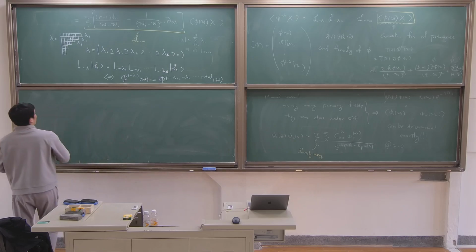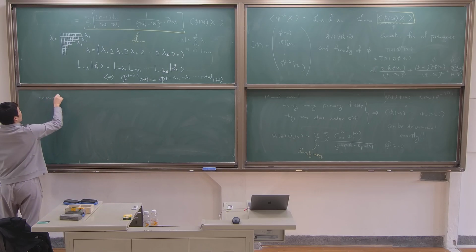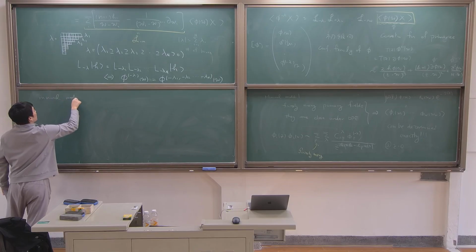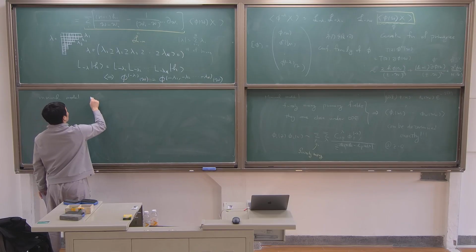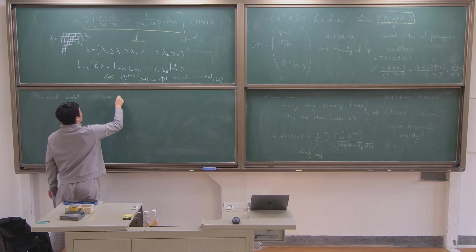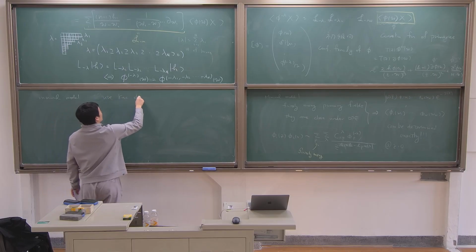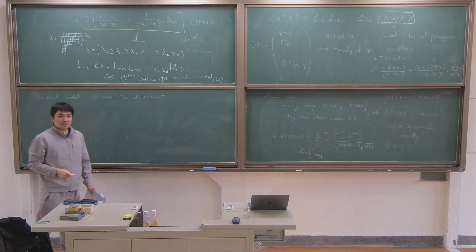Okay, to construct the minimal model, an important thing is that the Kac determinant analysis is required. To construct a minimal model, we need to make use of the Kac determinant. The Kac determinant is super easy.